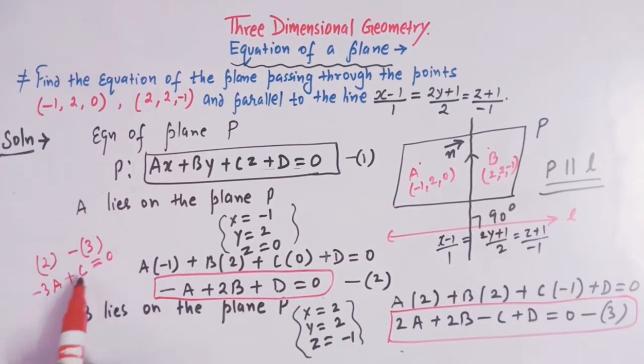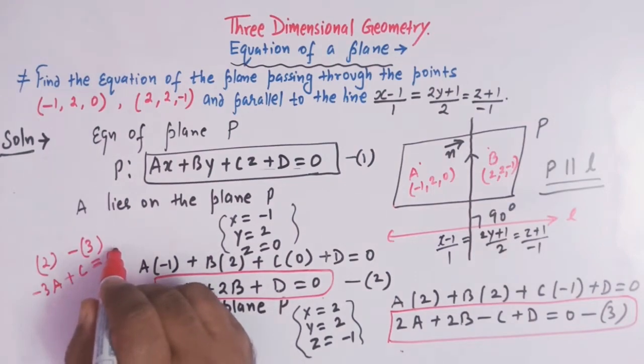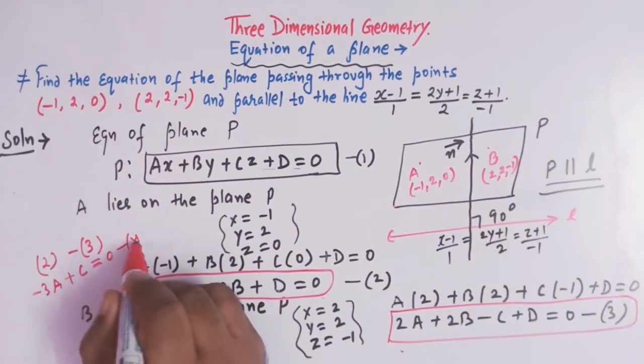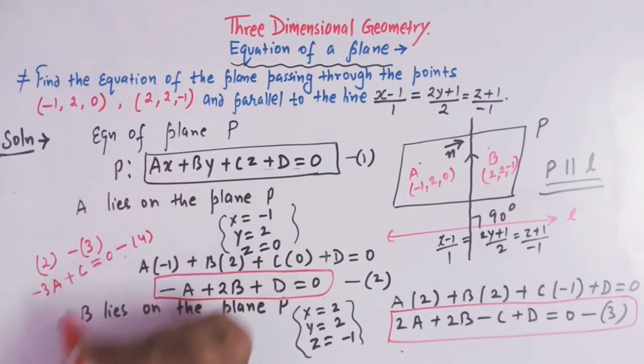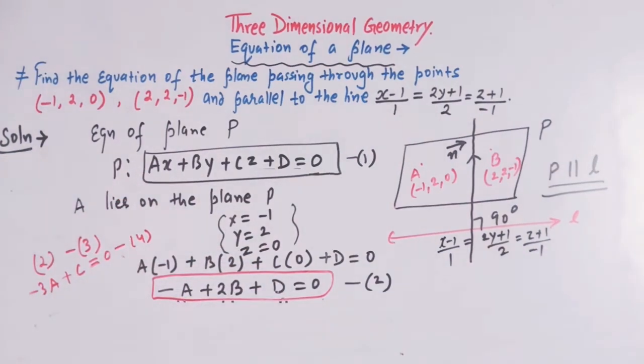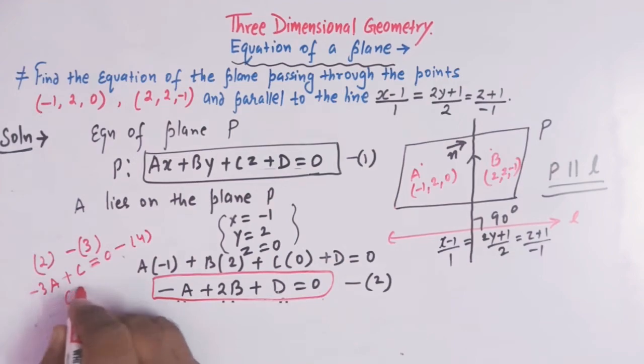That is minus 3a plus c is equal to 0, right? So let us call this equation as equation number 4, right? Okay, so now we have this equation in which a and c are related as c is equal to 3a, right?